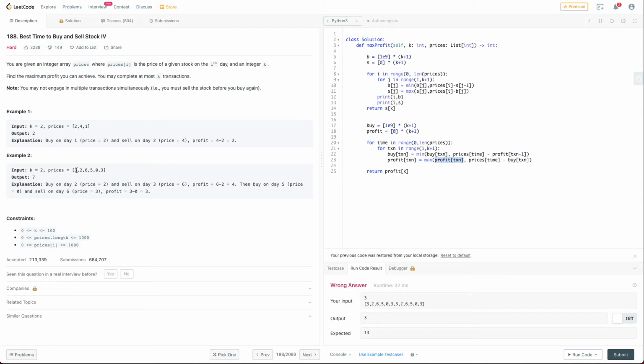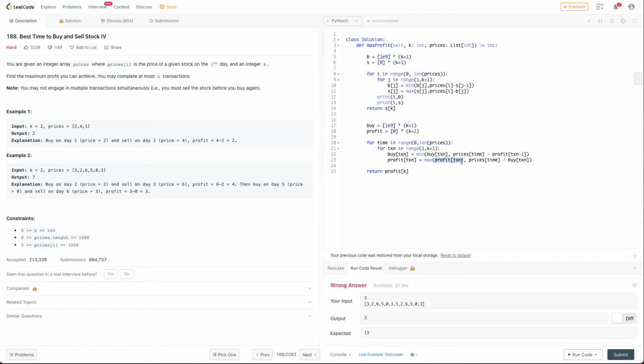So for example, if you're at time equals 2 and you go from 2 to 3, when you're at 2, you already scan through all the Ks to get the optimal profit. So all I'm saying here is, well, at time equals 3, I'm going to sweep through all the transactions again, but when I do, can I do better than this time over here? Is there anything worth buying, and is there anything worth selling?